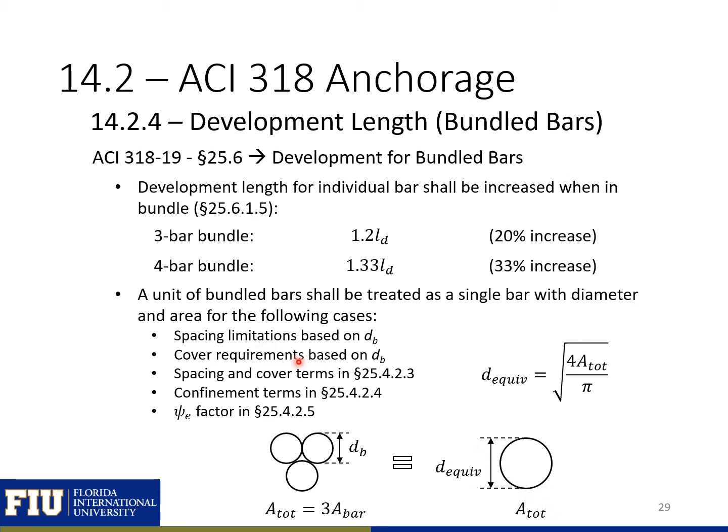For cover requirements based on d_b, you use this equivalent area. For spacing and cover terms, you use this equivalent area. Confinement terms, equivalent area. And your size factor, use this equivalent area. And again, for the equivalent area, you take the total area of your bundled bars times 4 divided by pi, square root, to get your equivalent diameter.